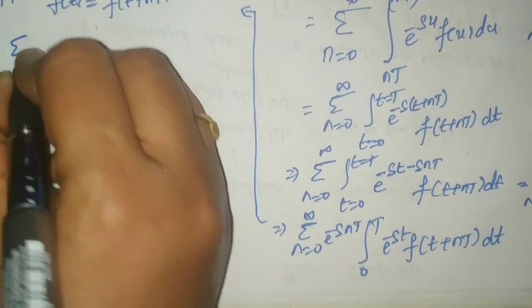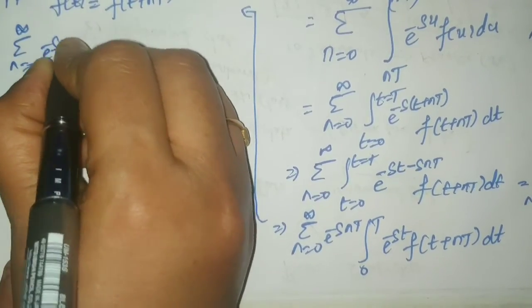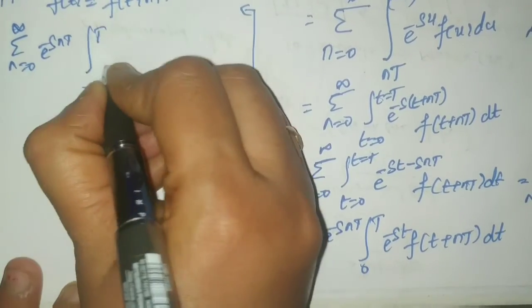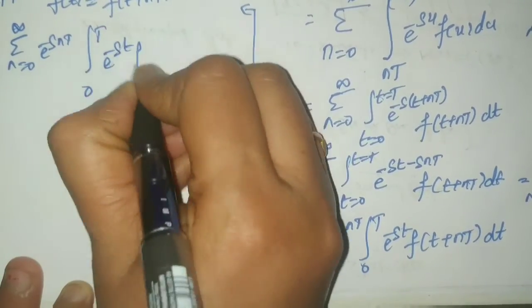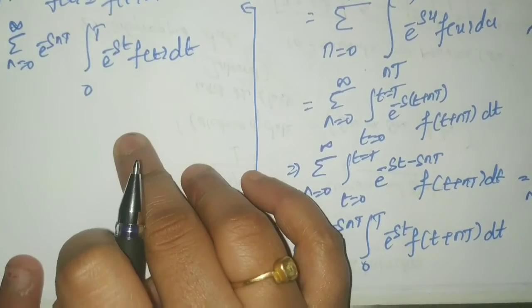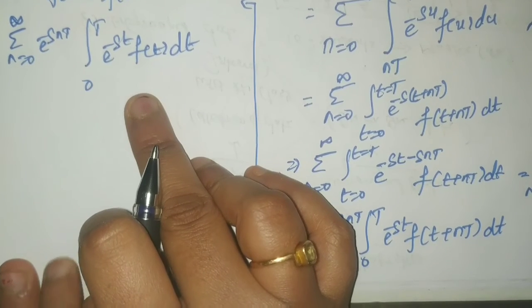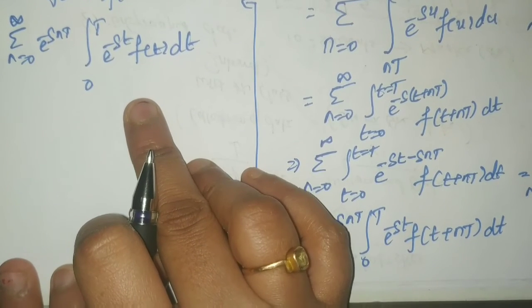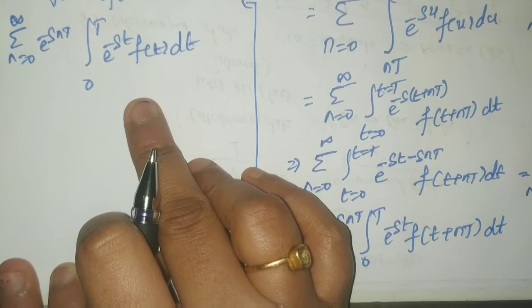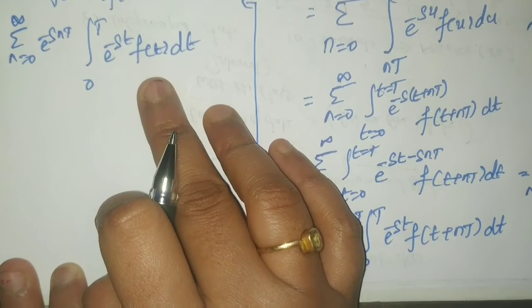So it is summation n is equal to 0 to infinity, e power minus snT, integral 0 to T, e power minus st, f of t dt. This is nothing but the Laplace transform of the function.